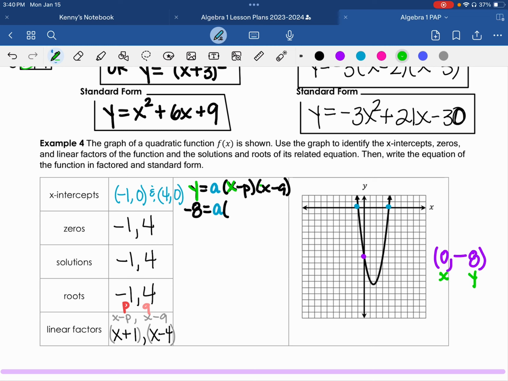For both x's, we're going to put in 0. And then for p, what are we plugging in for p, guys? -1. We're plugging in 0 once again. And then for q, we're going to plug in 4. All right, let's get this thing solved.